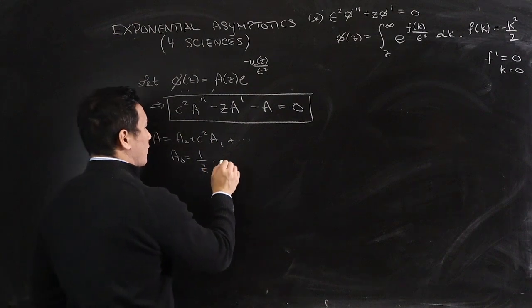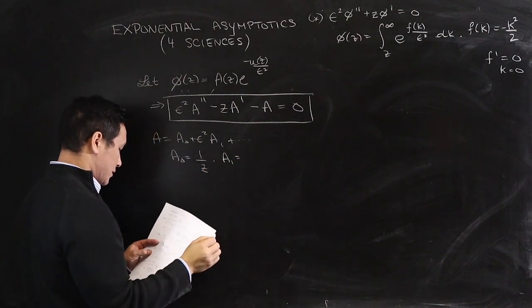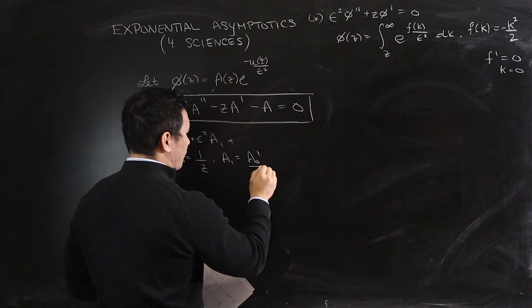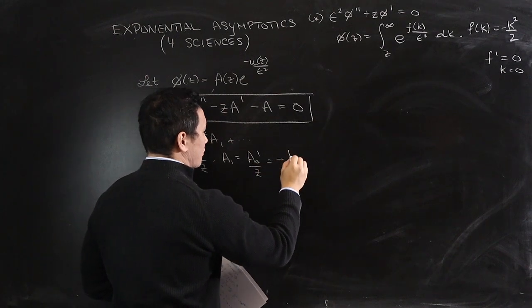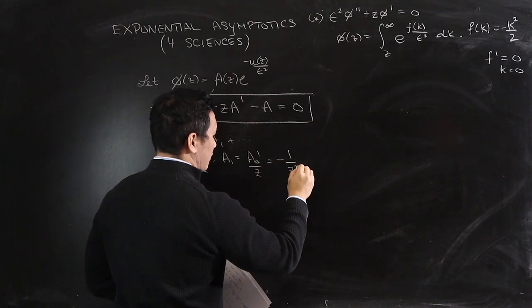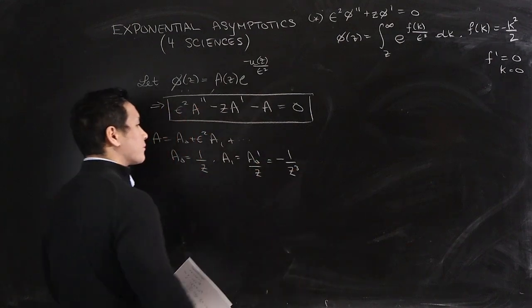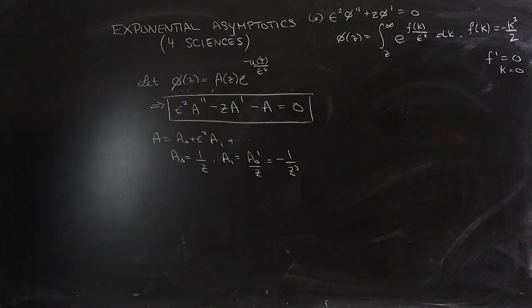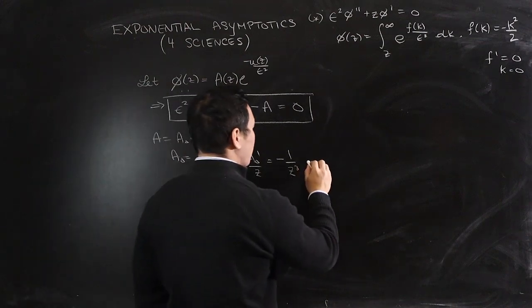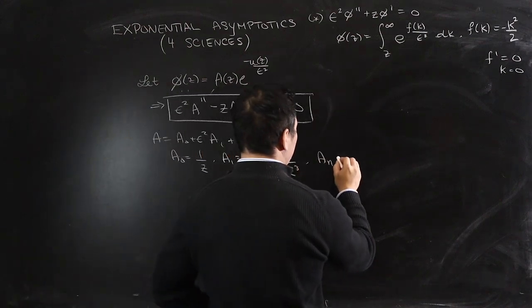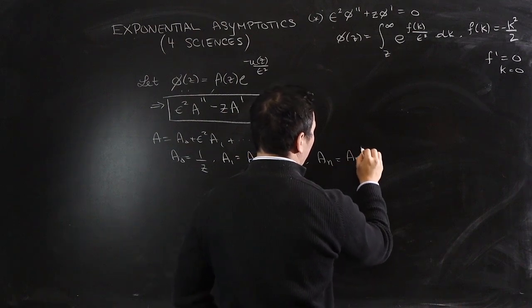And then you get a1 is a naught prime over z, so that becomes minus 1 over z, a naught prime squared 3, and so forth and so on. And in fact, in general, you can just check that an is equal to an minus 1 prime over 2.